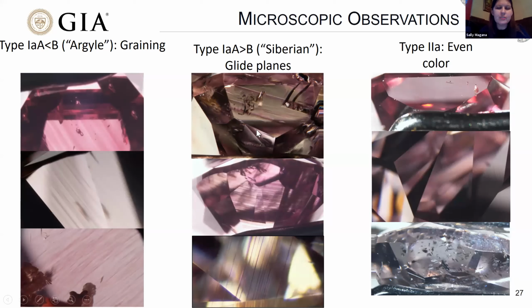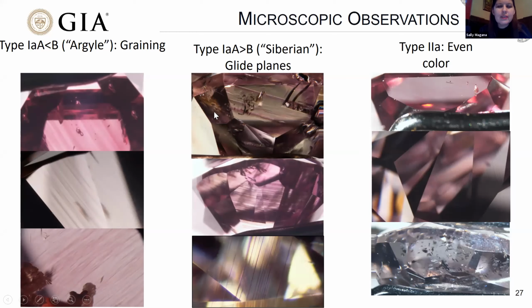Here in the center, we're seeing diamonds that we'll refer to as glide planes, where you can see that the color is concentrated only within these glide planes, and you can see that they're very straight and parallel, but you don't have the waviness that you do for the Argyles.